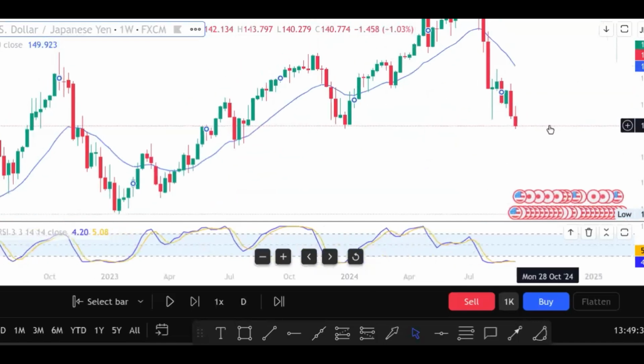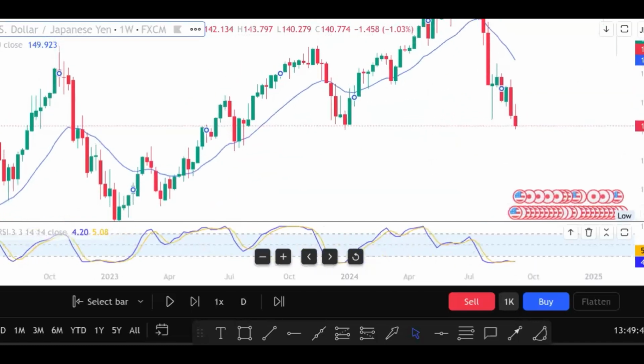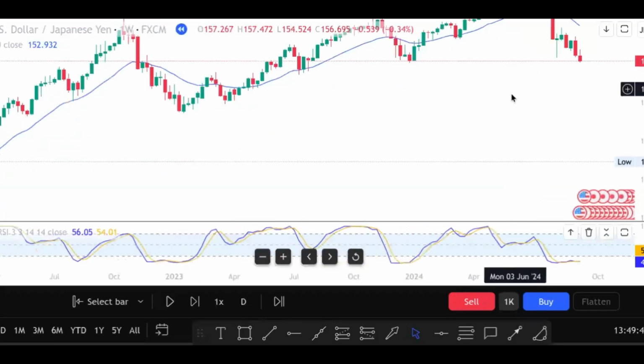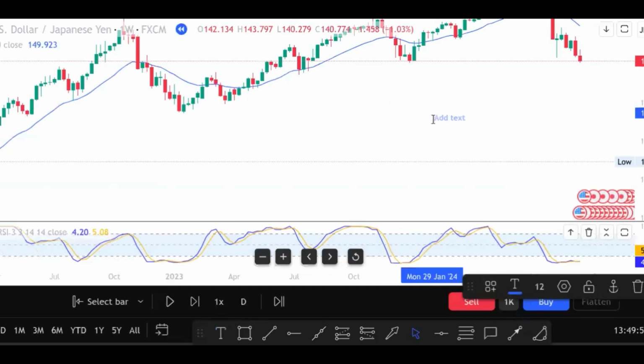And very clearly, USD JPY has been on an uptrend. So in this scenario, one of the key things that I look out for is what is the overall trend direction, right? What is the overall trend direction?